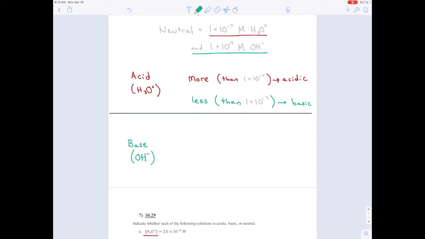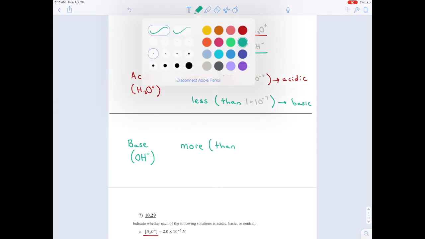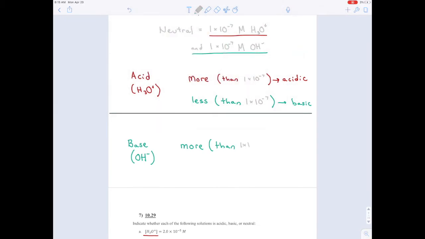Okay, then you go through a similar analysis for the base. If they give you more base than neutral, more than 1 times 10 to the negative 7 molar, then you're going to have a lot of base in the solution, and the solution will be basic.